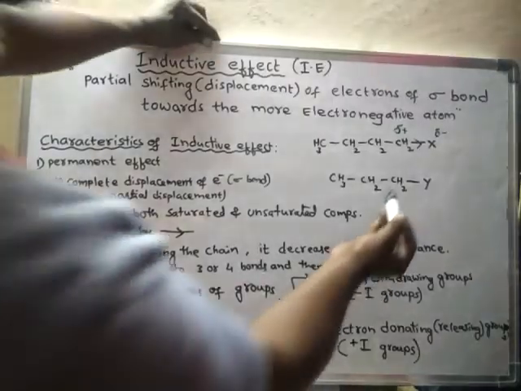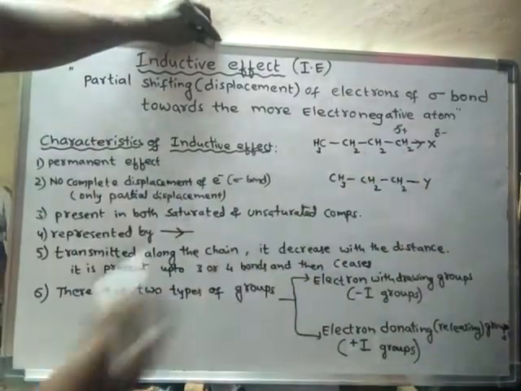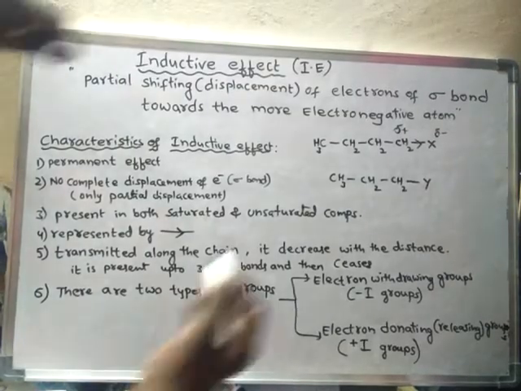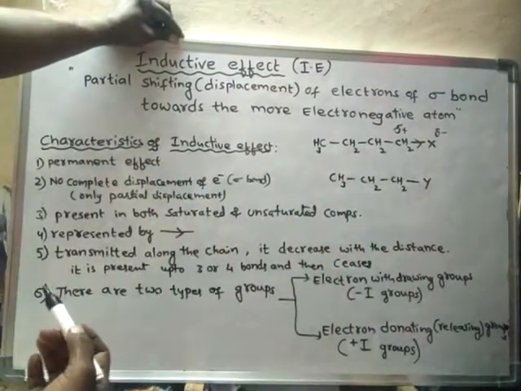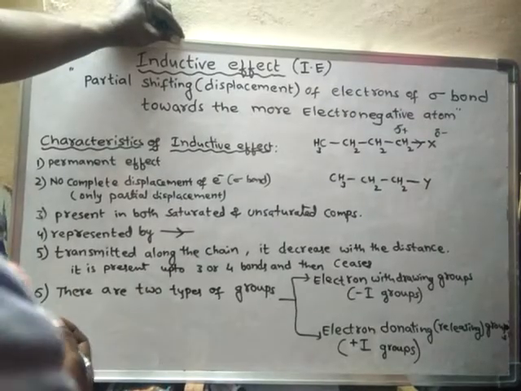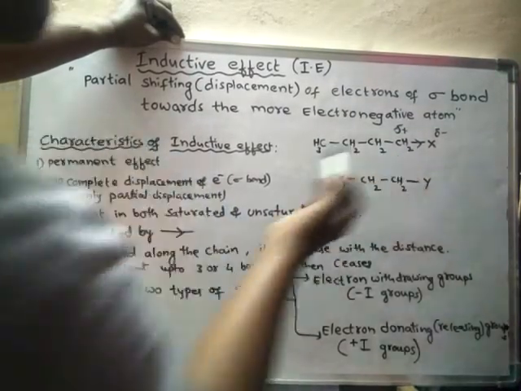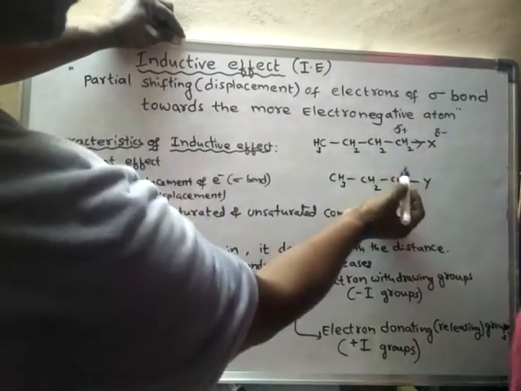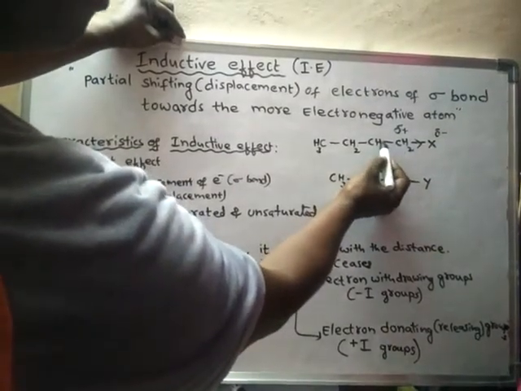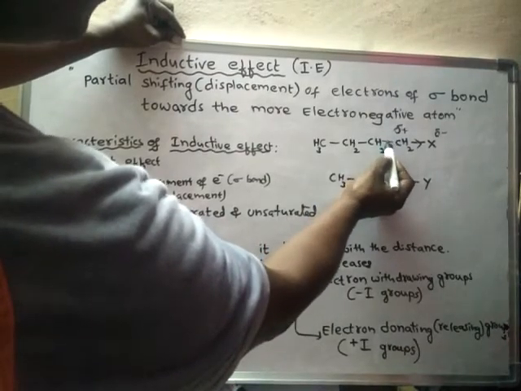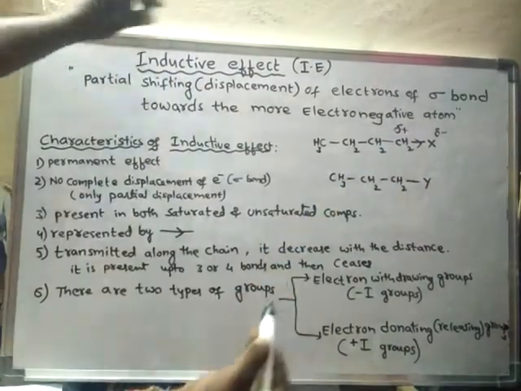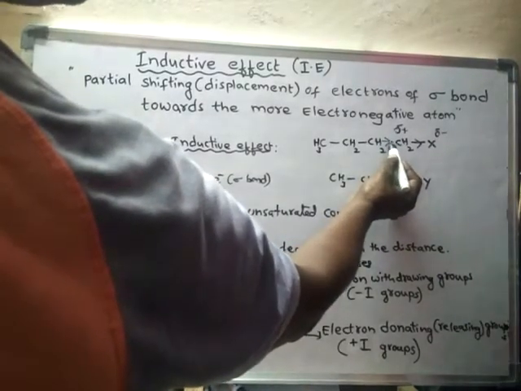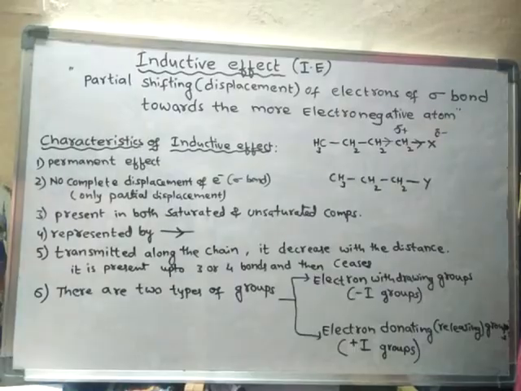Look here, this carbon has become an electron deficient center. As it has less electron density, it now acquires a somewhat electronegative nature. As a result, this carbon will pull the electrons of this sigma bond towards itself.